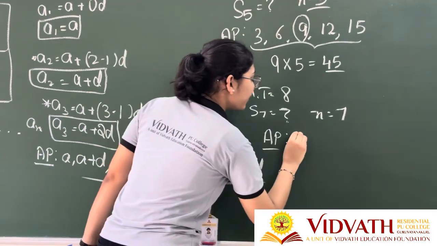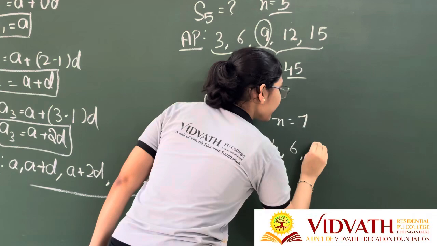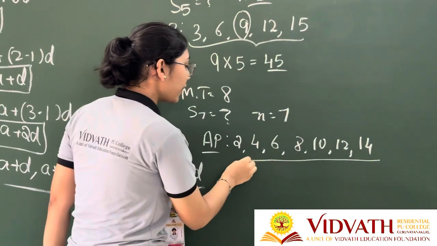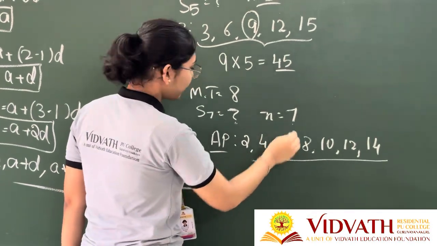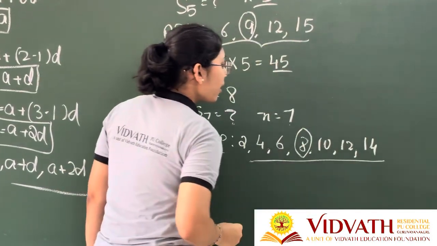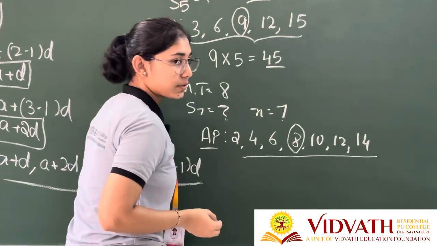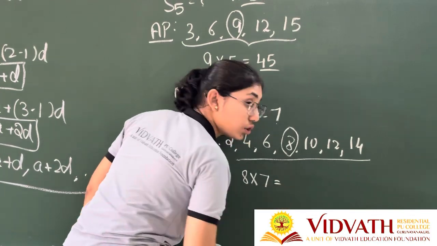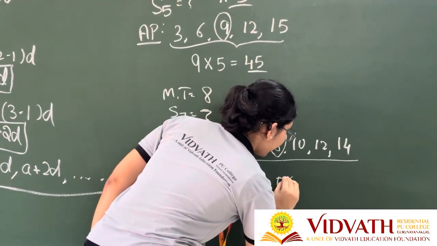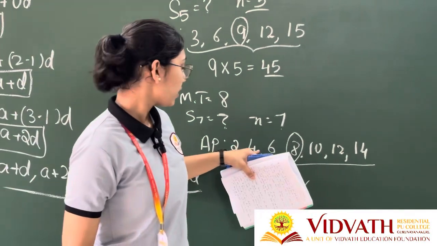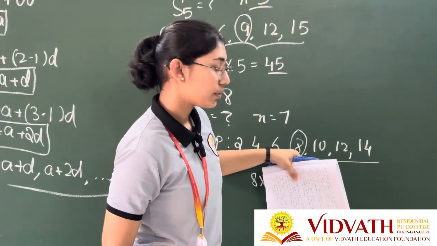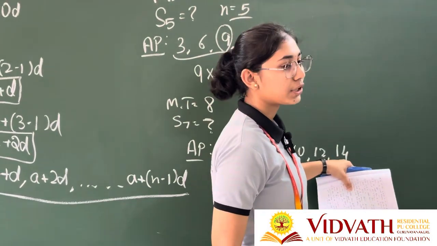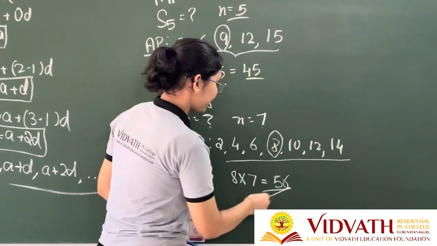The sequence is 2, 4, 6, 8, 10, 12, 14. Here the number of terms is 7, exactly 7. The middle term is 8. Then what would be the sum of terms? The middle term into the number of terms is equal to 8 into 7. Let's add it out. 2 plus 4, 6 plus 6, 12 plus 8, 20 plus 10, 30 plus 12, 42 plus 14. Yes, 56.